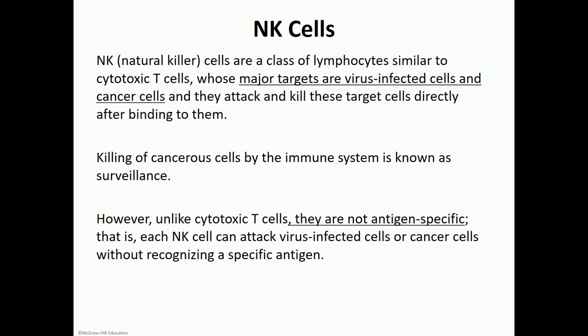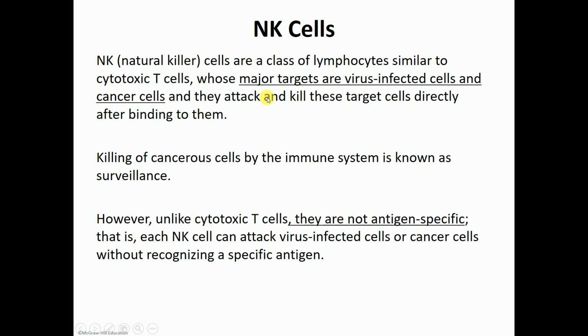Natural killer cells, those are a kind of lymphocytes that are very similar to cytotoxic T cells. Actually, they were thought to be a third kind of T lymphocytes, but now they are considered a different category of lymphocytes. And their major targets are also cells that are infected with viruses or cancerous cells.